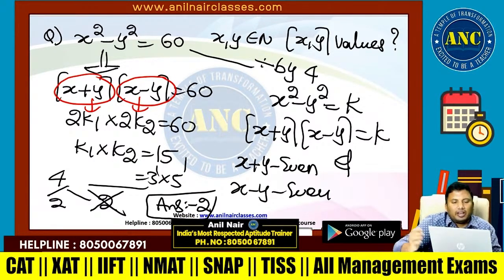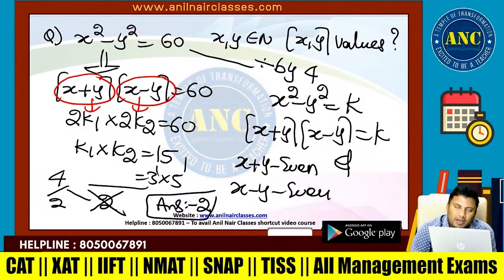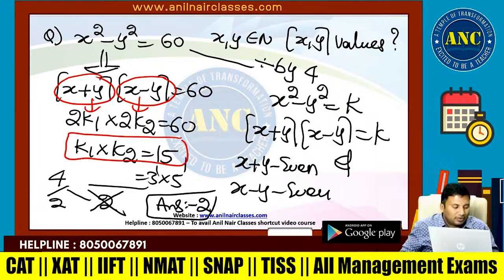So 2k1 into 2k2 is 60, k1 into k2 is 15. 15 will give you the case: 3 into 5. 2 2s are 4. 4 means 2 cases with k1 less than k2, 2 cases with k1 greater than k2. Answer for this question is 2.